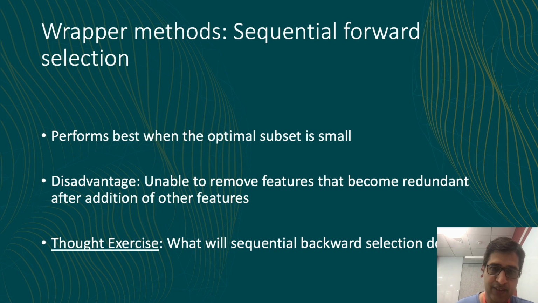So as a thought exercise, I would want all of you to think about what a backward selection process would do. Very similar to the one we talked about in terms of forward selection, but just go back to the graph that we had earlier, and see what a backward selection process would do.